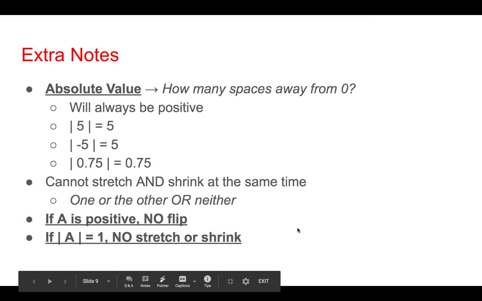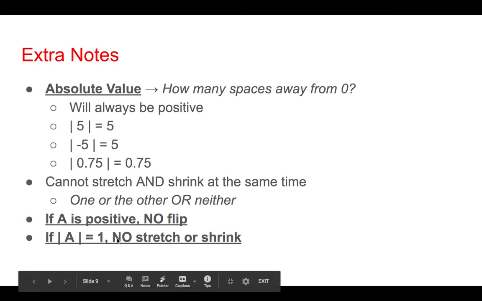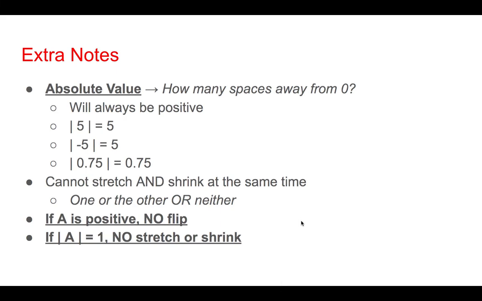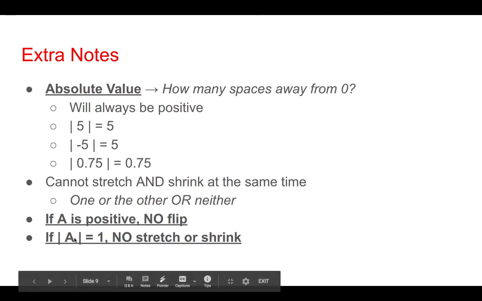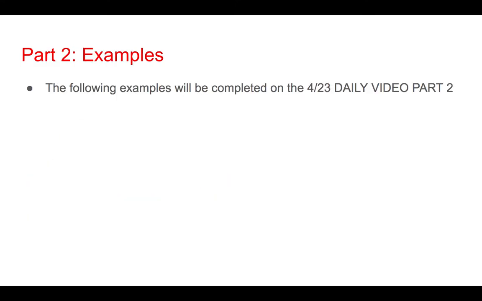You're not going to have all of these at the same time on every problem. You may have no flip and no stretch or shrink at all, and I'll show you what that looks like. Just know that if the absolute value of A equals 1, 1 is not bigger than 1 and not smaller than 1, so you're not going to stretch and you're not going to shrink. You get neither, which is a perfectly fine answer as well.